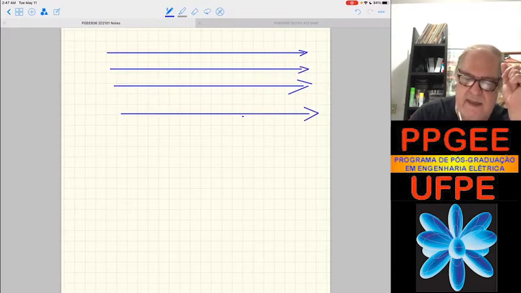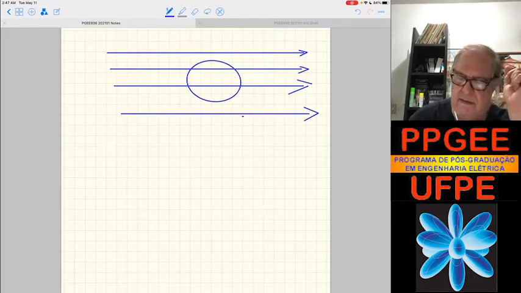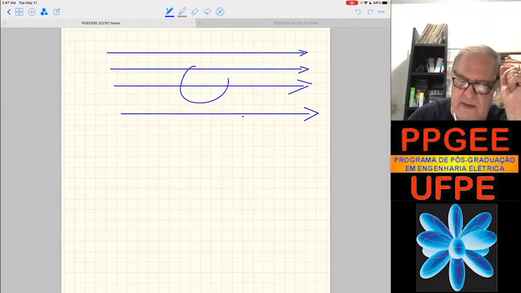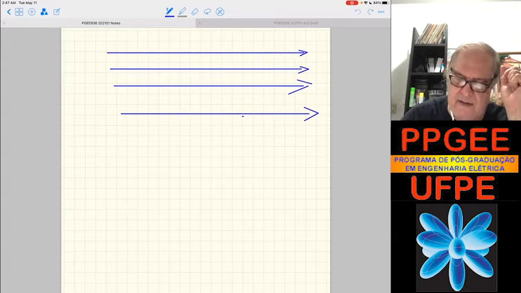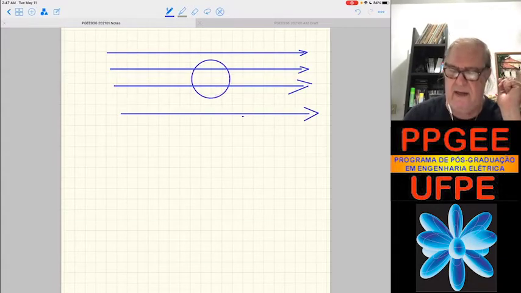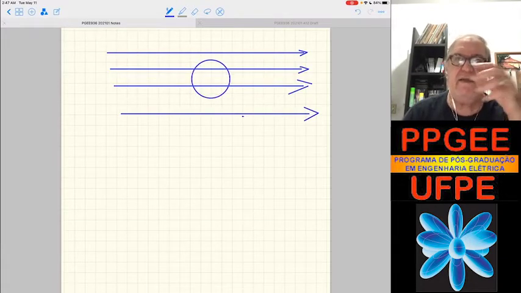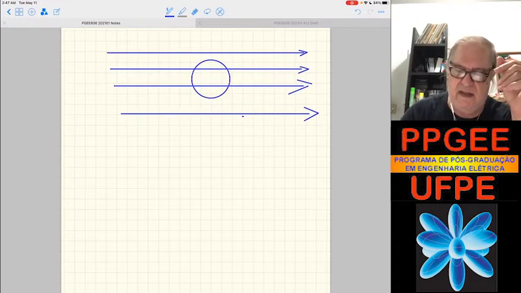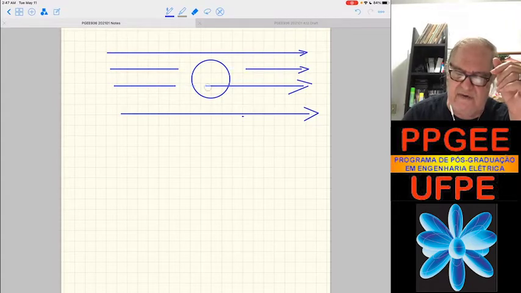Then we place a sphere, sorry, I think it's rounder, not too round like this. Okay. Then we put a conducting sphere in this region of uniform field.